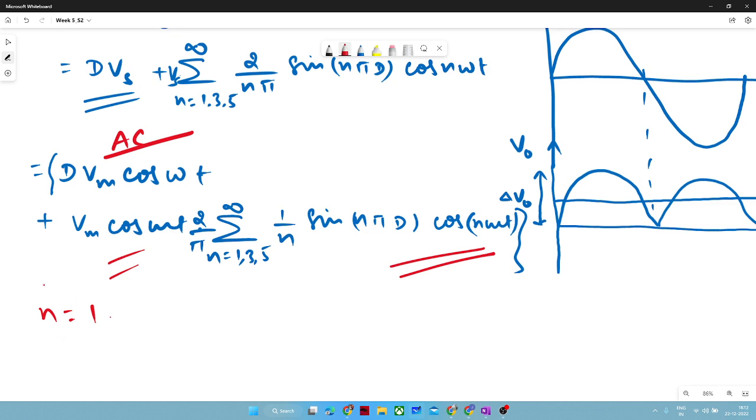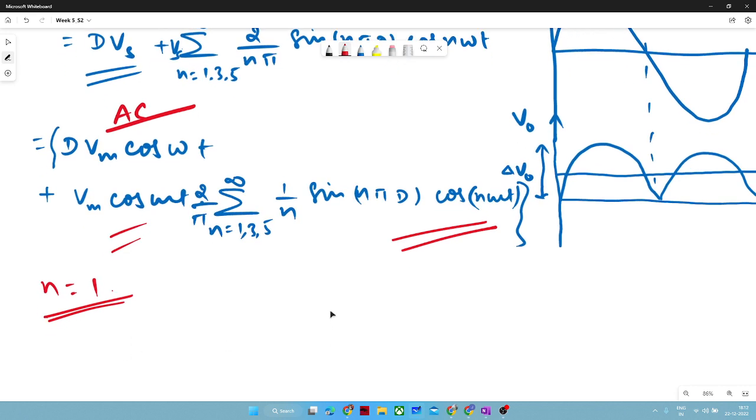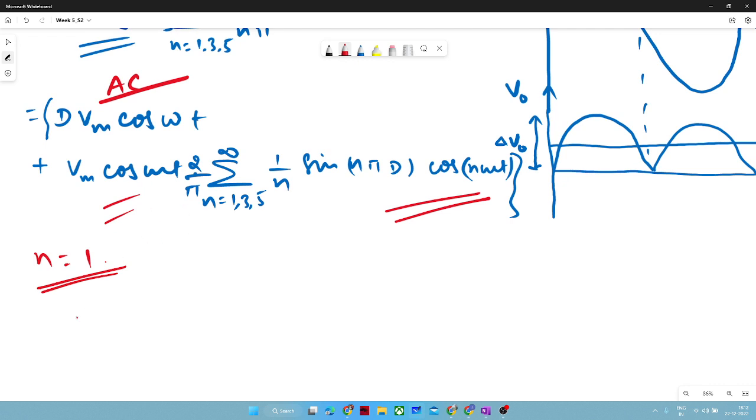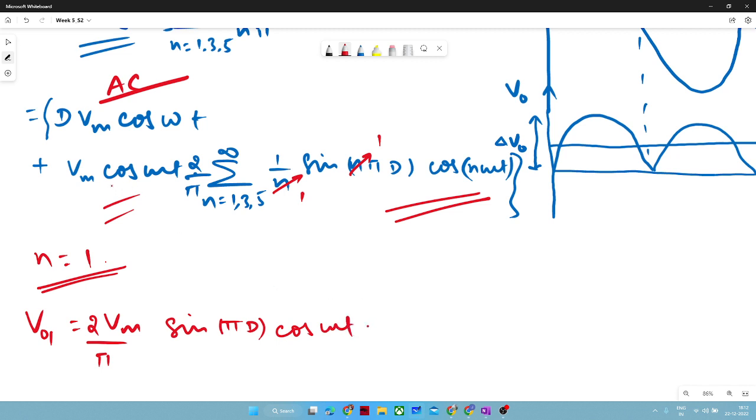Okay, when n is equal to 1, if you put it in this expression, what you will get, V naught 1, let me write it, is Vm into 2 by pi, with n equal to 1 the n is cancelled, sin pi d cos omega t, and this cos omega t also I am considering here.